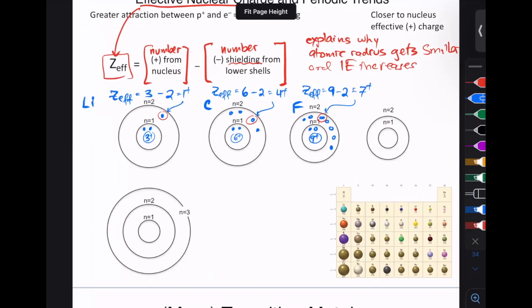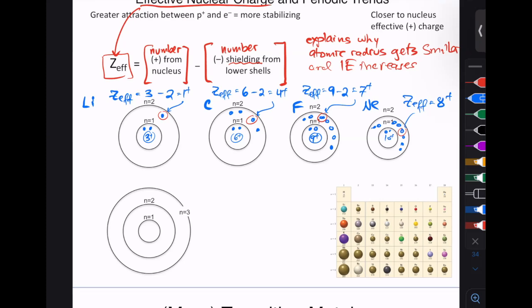Now let's take it all the way to neon. So neon, we're going to have 10 protons, and now we've got 1, 2, and then 3, 4, 5, 6, 7, 8, 9, 10. I think you all know what the effective nuclear charge would be on any of those valence electrons, right? What's it going to be? Should be 8+. Okay? So the strongest yet, and it's the smallest yet.